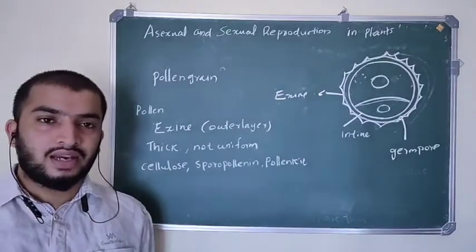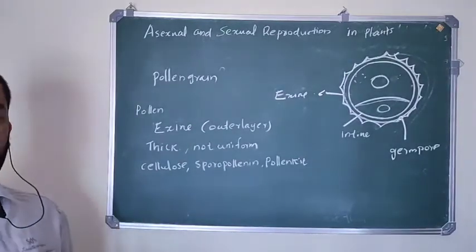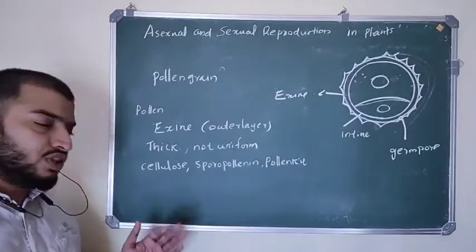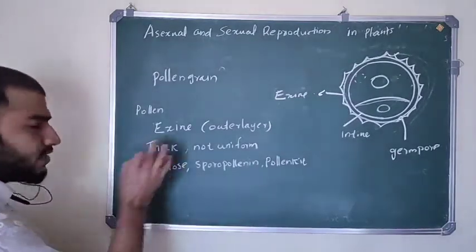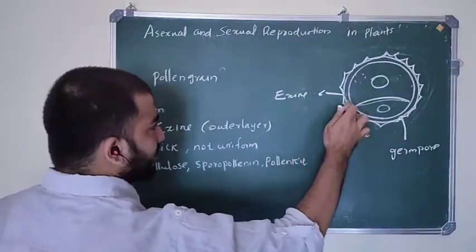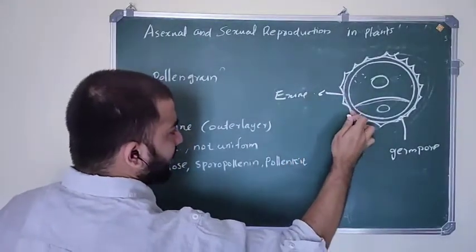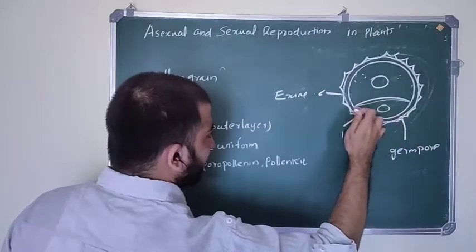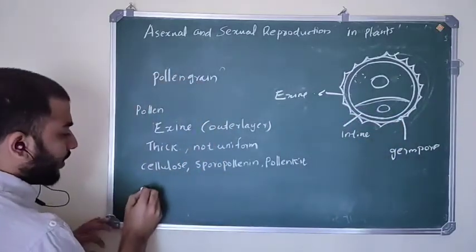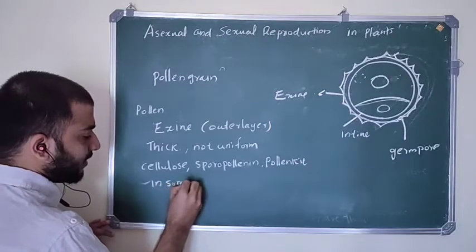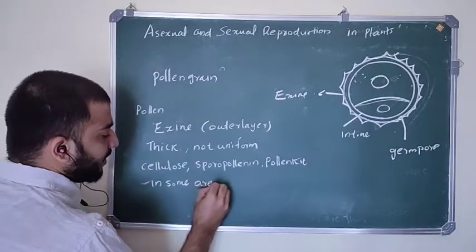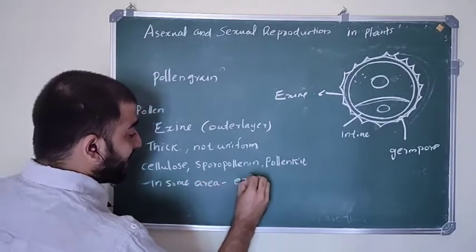But the exine, the outer layer, is thick and not uniform, and is made up of cellulose, sporopollenin and pollenkitt. In some areas the exine is thick, but in some areas the exine is thin.